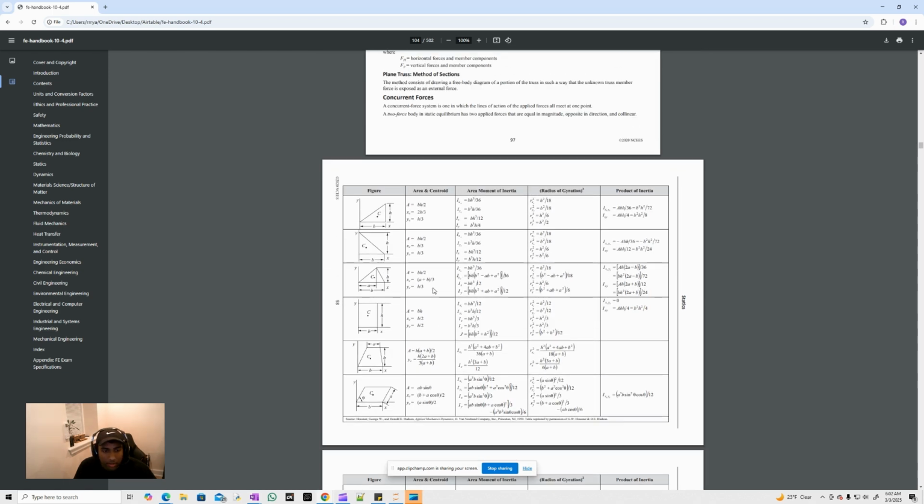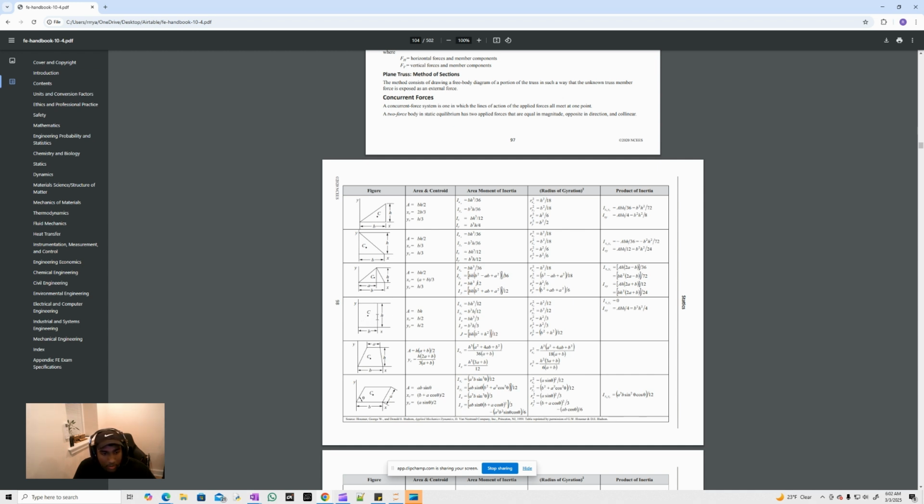And our shape is made up of a few different rectangles. We have Ix here and Iy here. Now, it's an important distinction between Ix and Iy. When you're looking at Ix, what you have is a rectangle where the x-axis is horizontal.